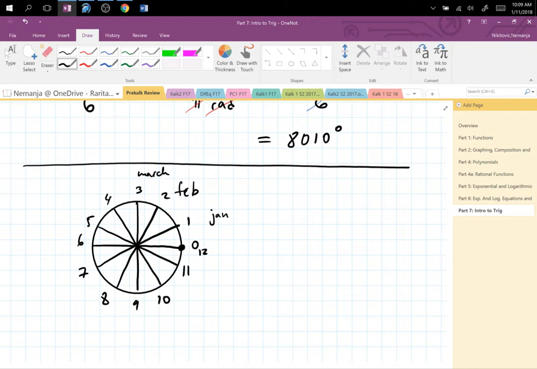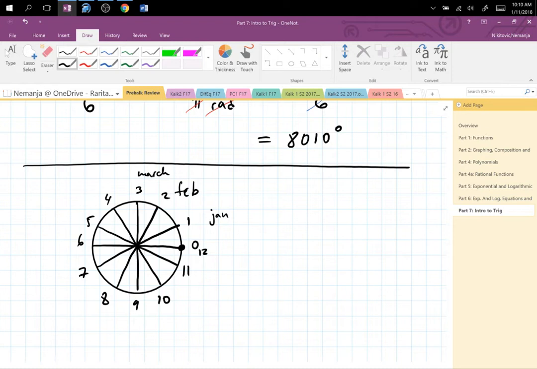So whether it's going to be 6 months and then it's June, or a year and 6 months and it's June again, 2 years and 6 months again June, it's June, June, June, June, June. Doesn't matter how many times you go the full year around. If you are going this extra 6 months, you always land in June. If you go extra 9 months, you always land in September, and so on.